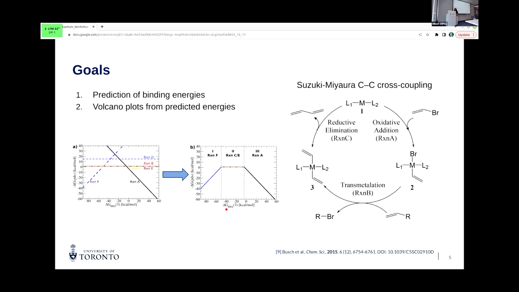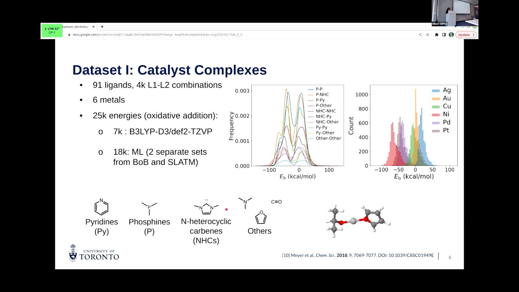Because if that's the case, then your reaction won't start at all, or it will start and then be stuck in one intermediate step. So that's the method. And we'll move on to data set 1.